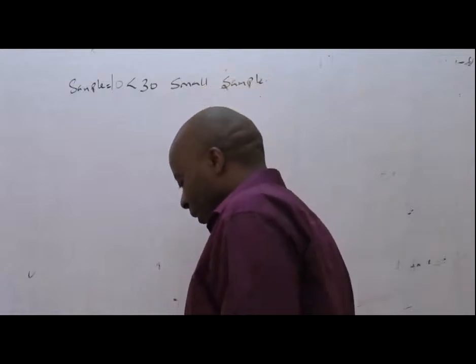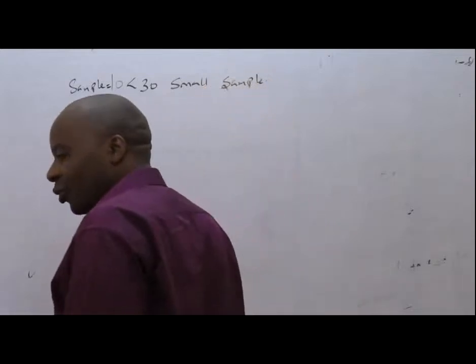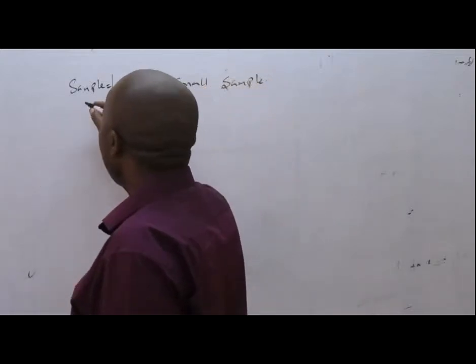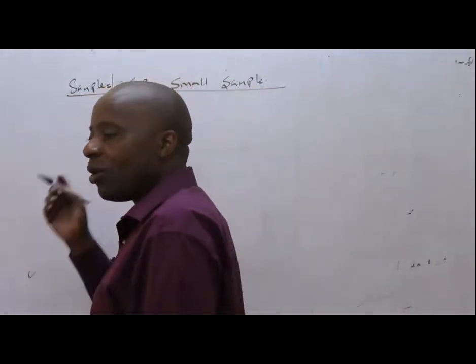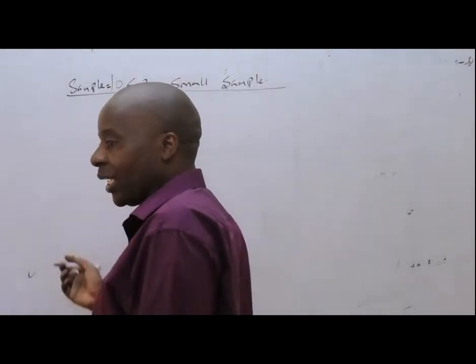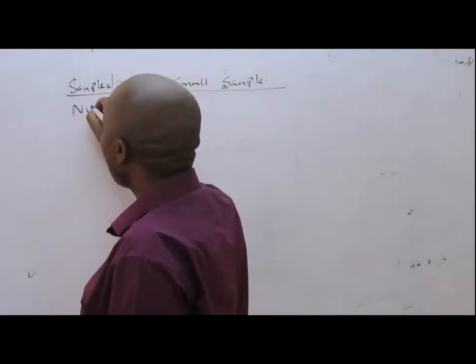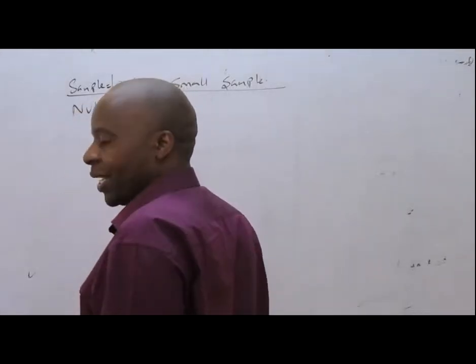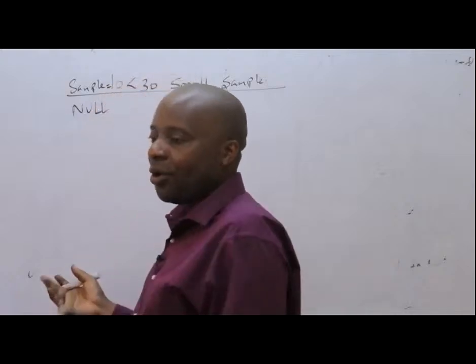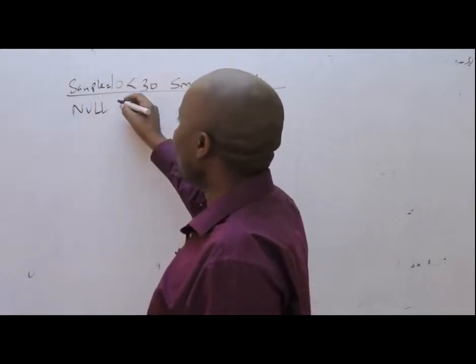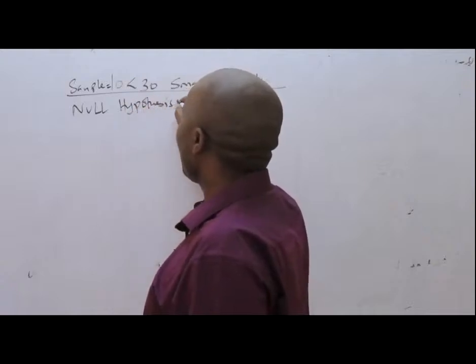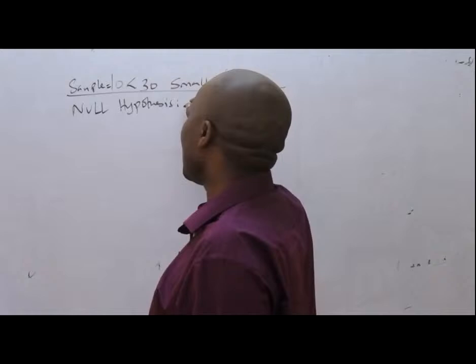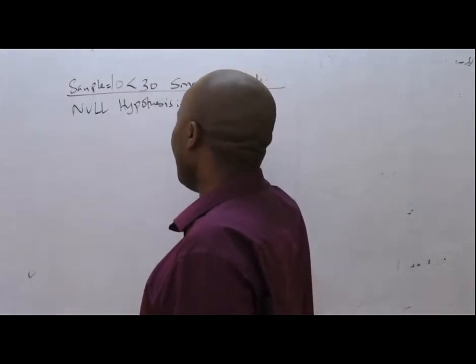So very important. From there, what we shall do is put down your allegations. So we have the null. Null means no difference. So we have our null hypothesis H0, which will be something there.